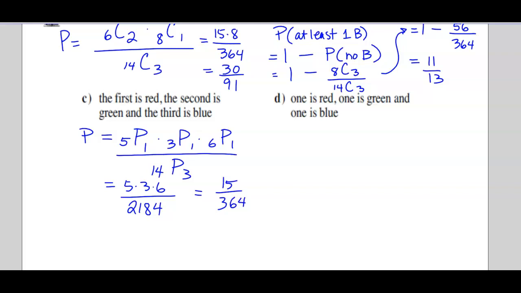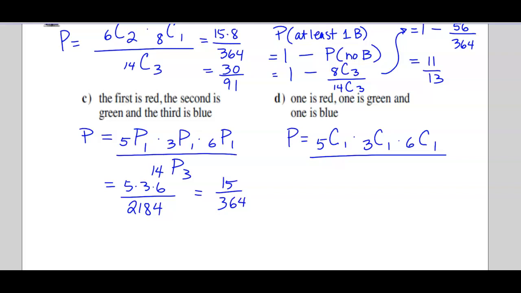Okay, next one. One is red, one is green, one is blue. Okay? So the order doesn't matter. Now, saying that, you could use P's for this, or I'm going to use C because order doesn't matter. So I'm going to use 5C1. Okay?